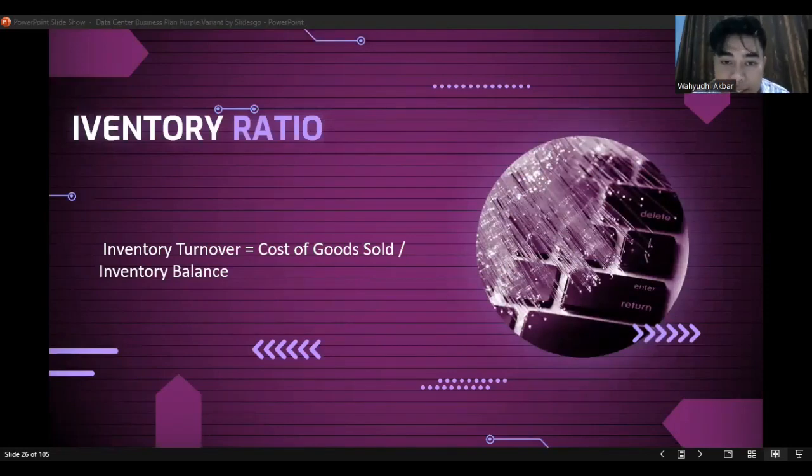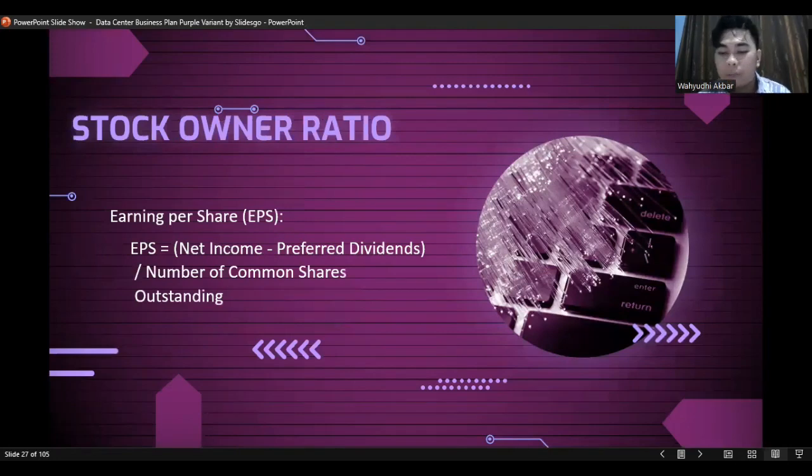Inventory turnover equals cost of goods sold divided by inventory balance. And the last one, we have stock owner ratio. Earning per share or EPS. EPS equals net income minus preferred dividends divided by number of common shares outstanding.